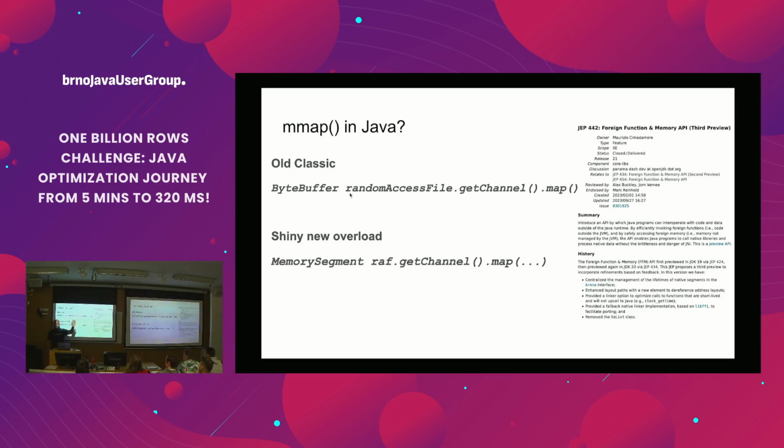It gives you an instance of FileChannel. There's a method map, and that gives you a ByteBuffer, which is the same thing as mmap. Under the hood, it calls mmap, and it gives you the Java NIO ByteBuffer, and then you can call the standard ByteBuffer methods, get byte, get long, and so on, to access the file.